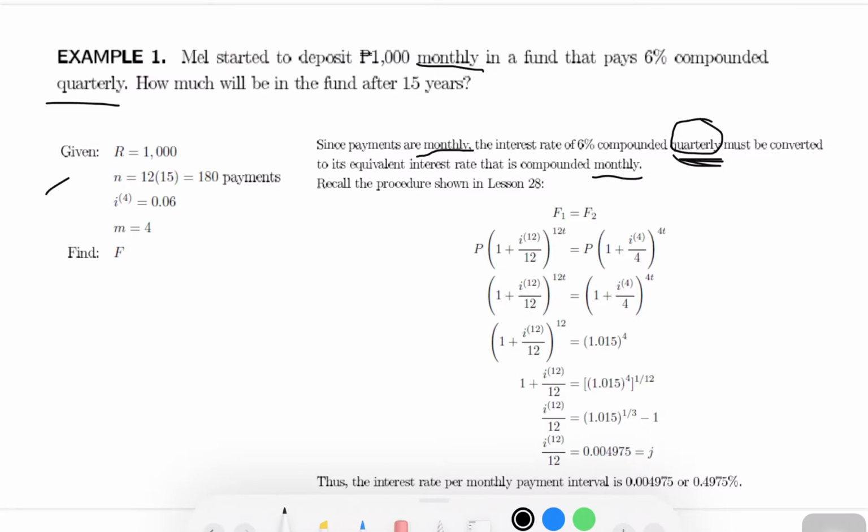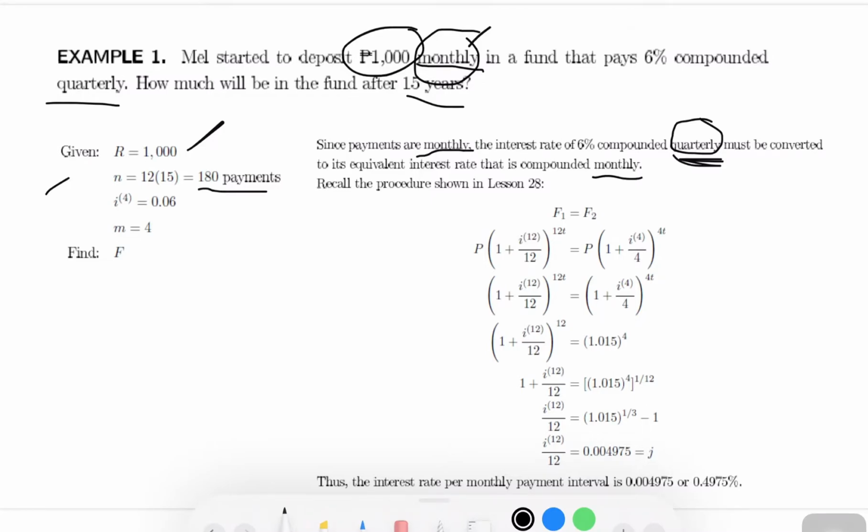First, the given. R is the fixed amount paid monthly. Why is n equal to 12 times 15? Because the payments are in terms of months, for 15 years, so 12 times 15 is 180 payments or 180 months.